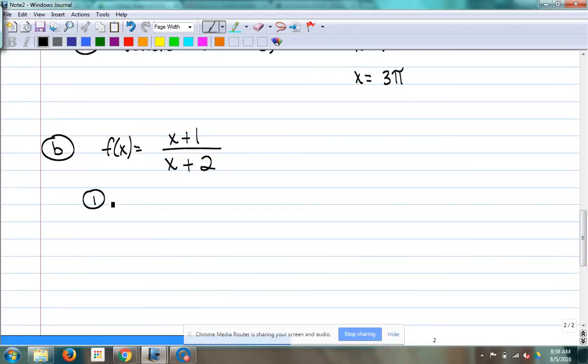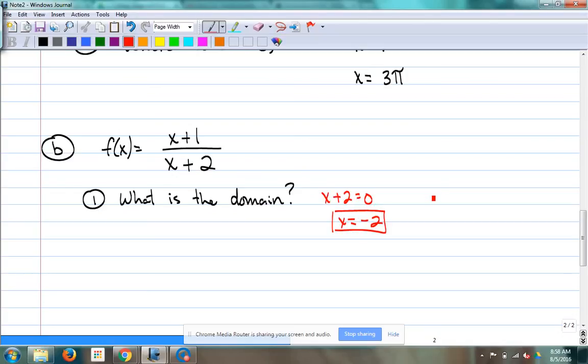To relate back from the last couple of days, what's the domain? How do we find the domain today? Yeah, we got a red flag there. We got the x in the denominator. So we said x plus 2 equal to 0 and get x equals negative 2. So that means our domain in set notation would be x does not equal negative 2. What is it in interval notation?